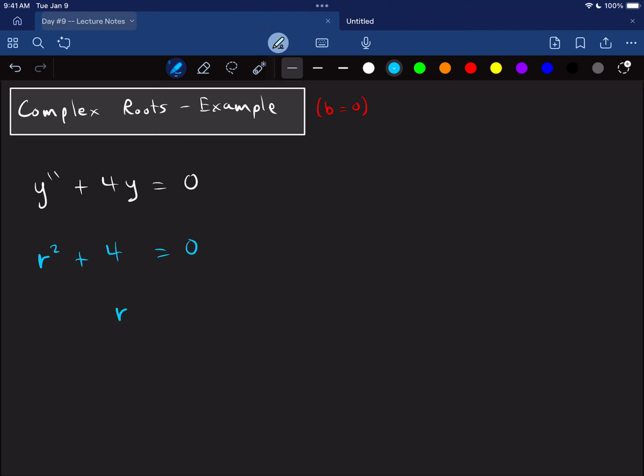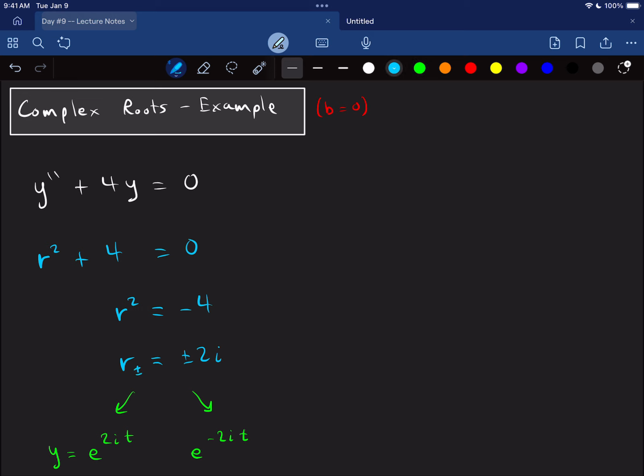This isn't factorable, but I don't really care. I can just subtract 4, take the square root, and I get plus or minus 2i. So now I have two solutions. I have y equals e to the 2it and e to the negative 2it.